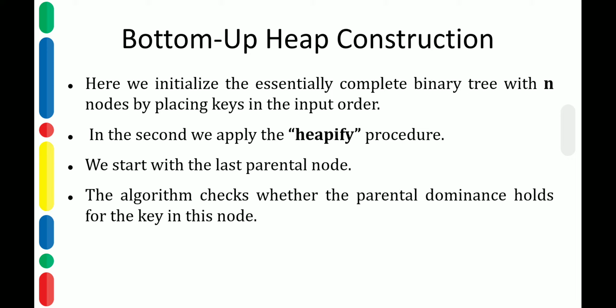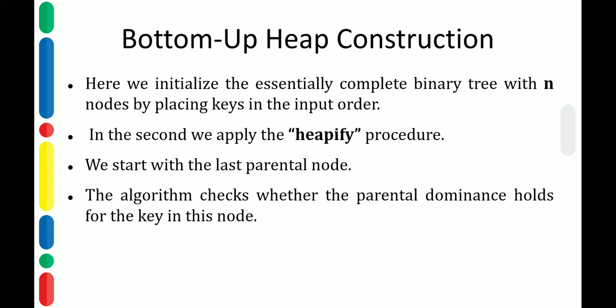After all the elements are inserted, then we try to heapify it. The binary tree will not be a heap. We'll do some transformation so that it becomes a heap. These operations are said to be the heapify procedure.